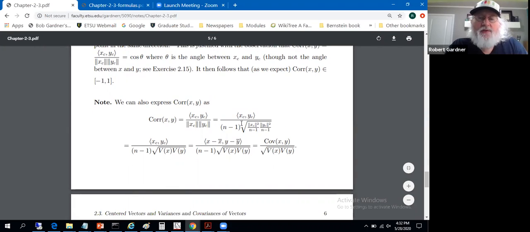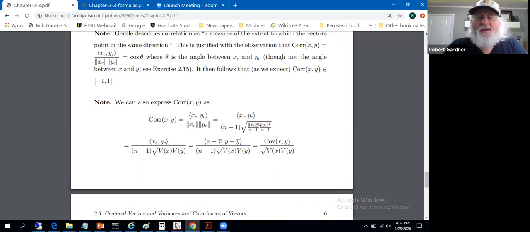We play with it a little bit, then we get, let's put an n-1 out here and an n-1 under each of these. They're under the square root, so actually this n-1 cancels with these two n-1s, square rooted. So we haven't changed anything. We want to do that because we can say then, hey, the norm squared of the centered counterpart divided by n-1, that's the variance, right?